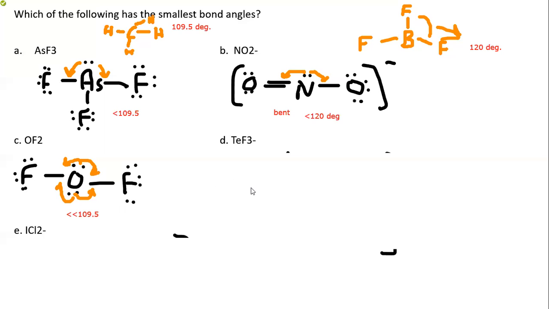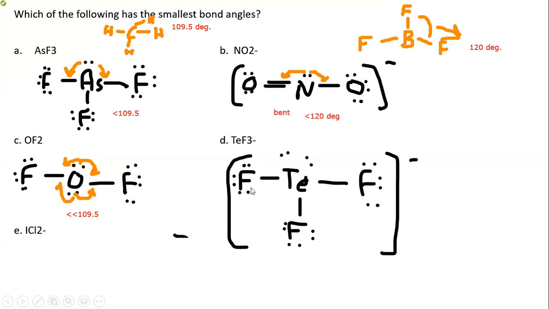Next we have tellurium fluoride ion. And so here we have 2 lone pairs, and you would think that these angles would be 90 degrees. However, since there's 2 lone pairs, they're going to push these bonding pairs closer together so that the bond angles would be less than 90 degrees.